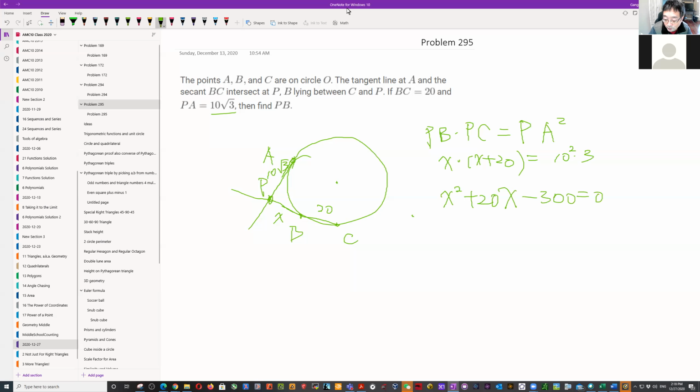We can factor this easily: x plus 30 multiply x minus 10 equal to 0. We can double check, and it matches. The negative solution is trivial, because you cannot have a negative 30 length segment. It has to be 10. So this segment is 10 and this segment is 30, that's going to be 300. So 300 is indeed the square of this tangent line.